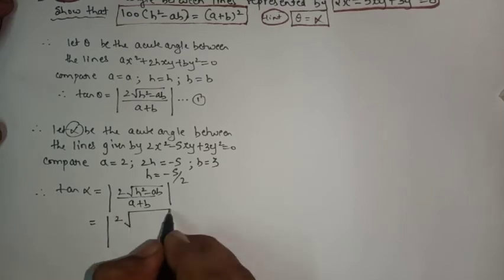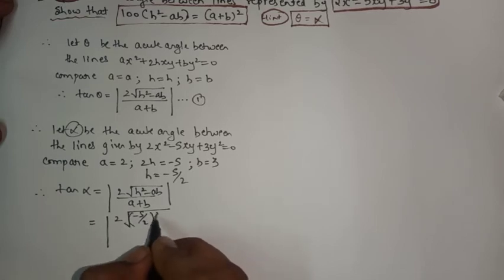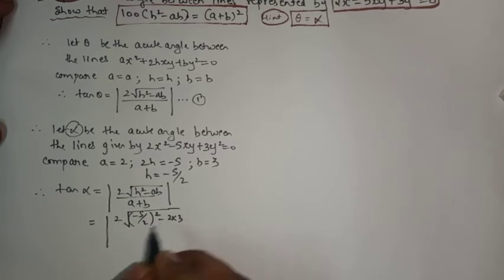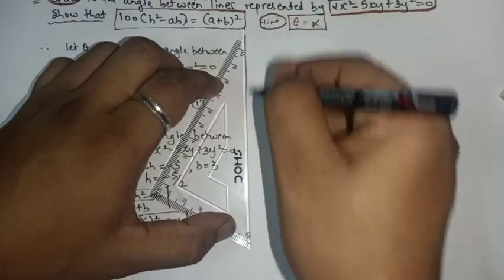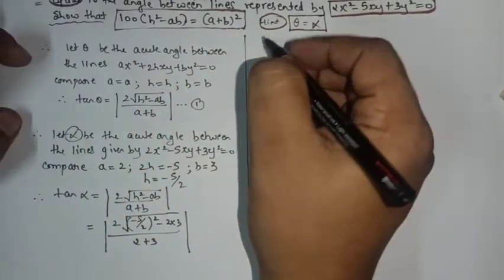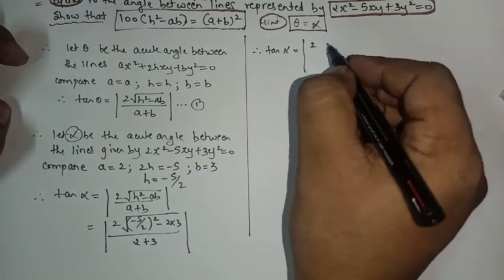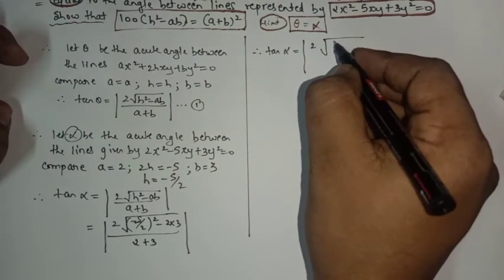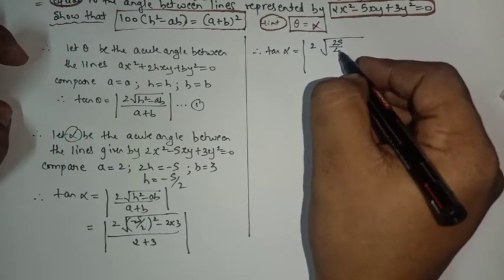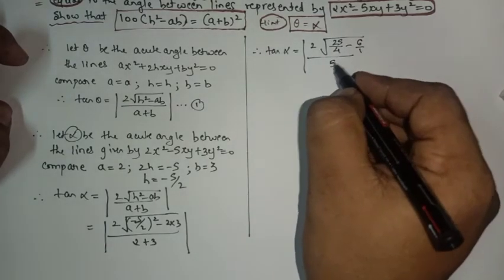So 2 root of, h is minus 5 by 2, the whole square, minus 2 into 3, upon 2 plus 3. So minus 5 square will be positive, 5 square is 25, and 2 square is 4, and 6. Here nothing is there, so we can write 1. 2 plus 3 is 5.